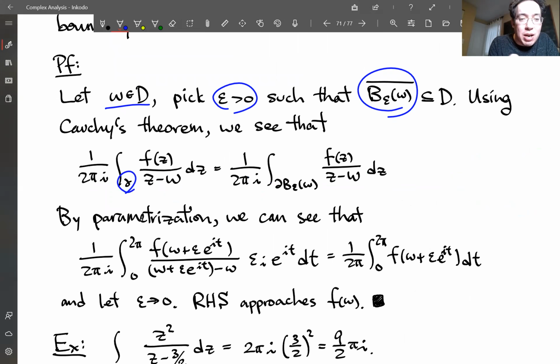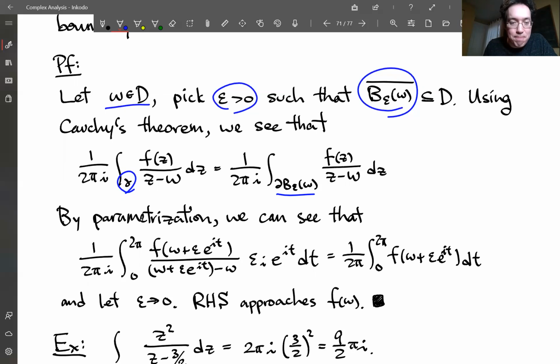We can integrate along curve gamma, but because of Cauchy's theorem, we can think of this as a flexible rubber band path. So we'll just shrink that path down to the boundary of this small disk. Okay, we should have the same path integral.